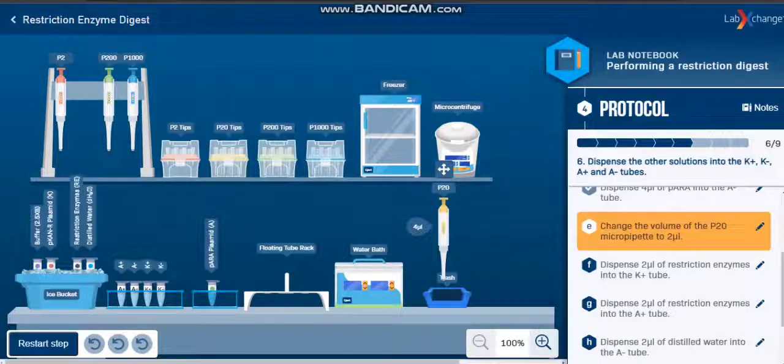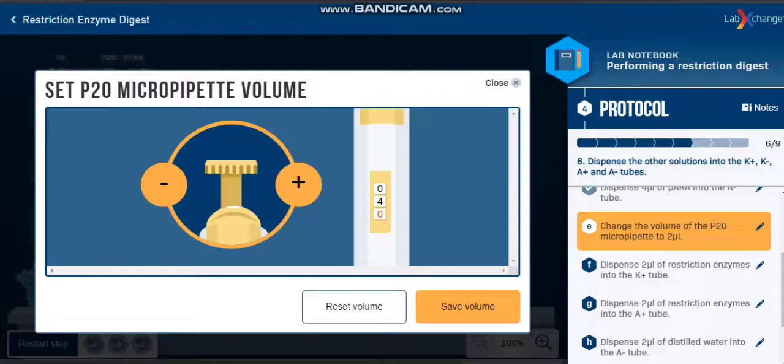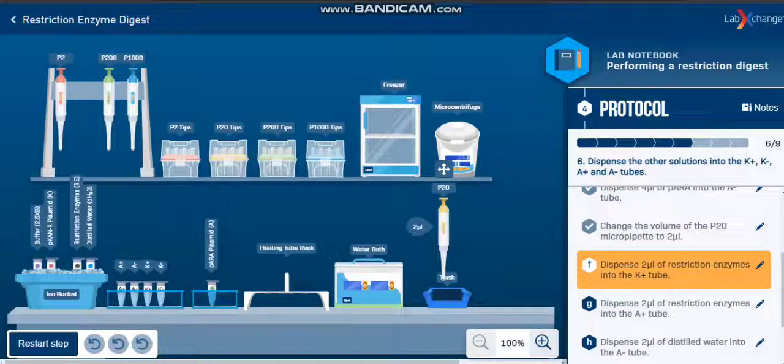And then change the volume of the P20 micropipette to 2 uL. Transfer 2 uL of restriction enzyme into the K plus tube.